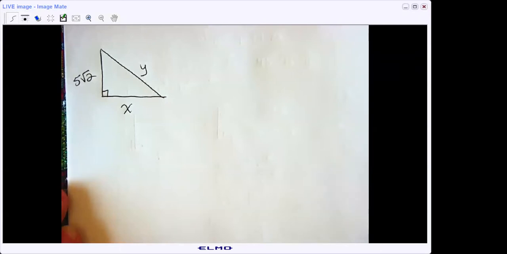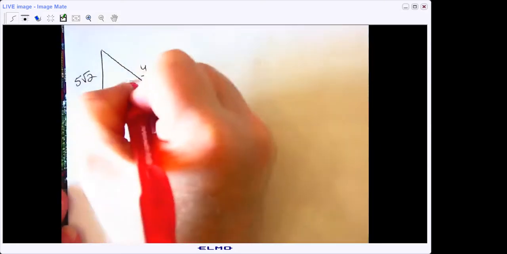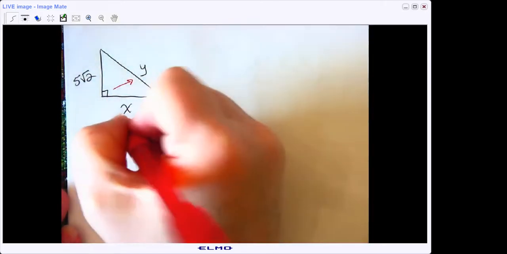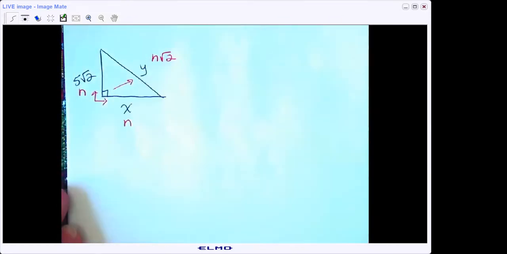Now this one's tricky because when we label, this one is my hypotenuse. So these are my legs. These are my equal ones. We have n, n, and n root 2.